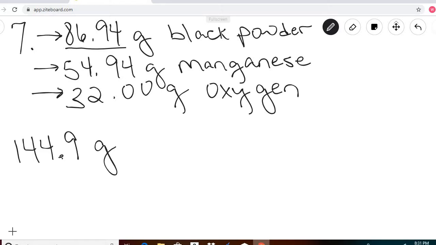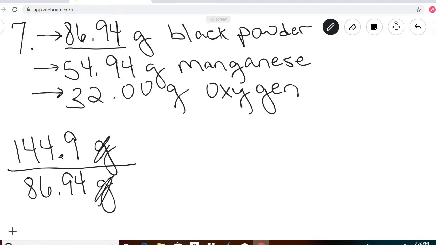So again, this is just like the one we did previously, where we want to look at the relationship between the amount that we want to make and the amount that we made initially and have the recipe for. So we would take 144.9 divided by 86.94 grams.